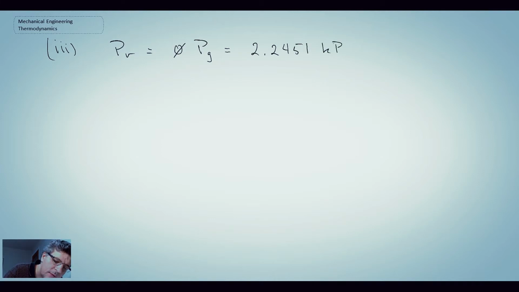So this is the pressure associated with the water vapor in our mixture. And knowing that the total pressure, the mixture, is going to be a composition of both the dry air and the water vapor, we can then determine the dry air pressure.